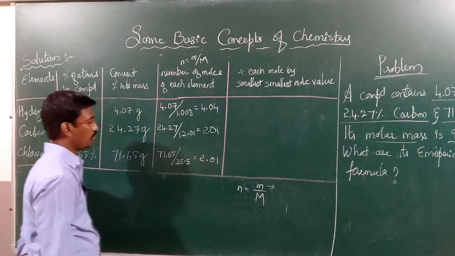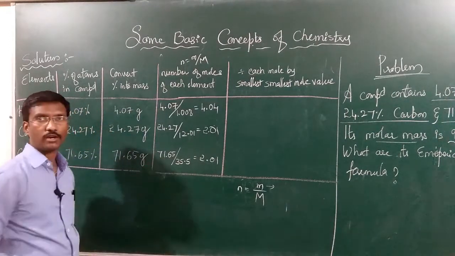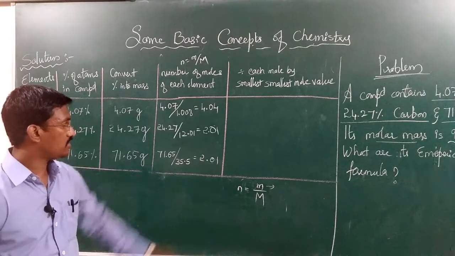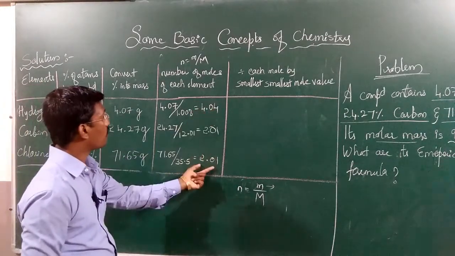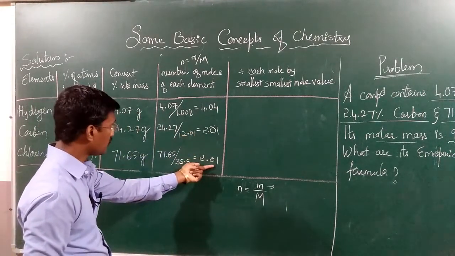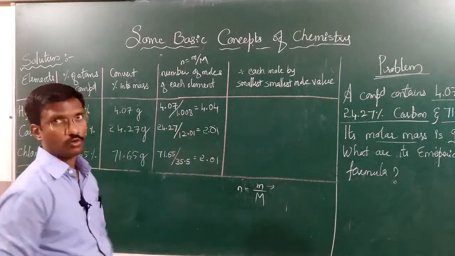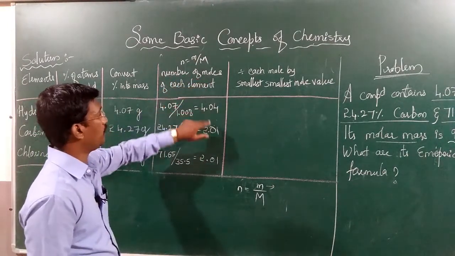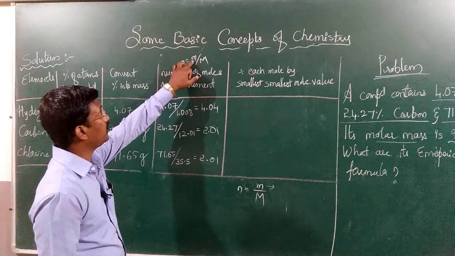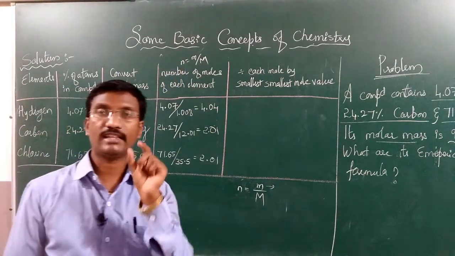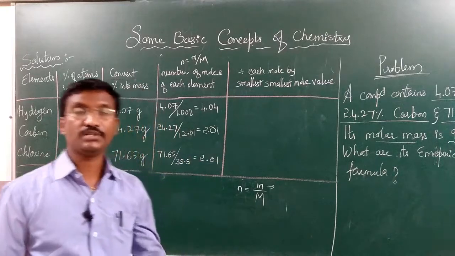If you are not able to do it, you can use the calculator. With the help of calculator, the answer is 2.01. So these are the number of moles of hydrogen, carbon and chlorine present in the compound. We have calculated the number of moles of each element, by dividing given mass by molar mass. So we are going to get the n. That n itself is called the number of moles.